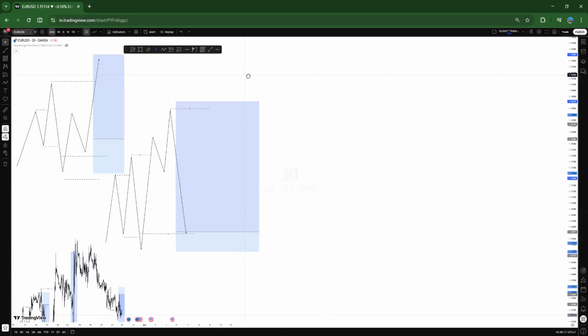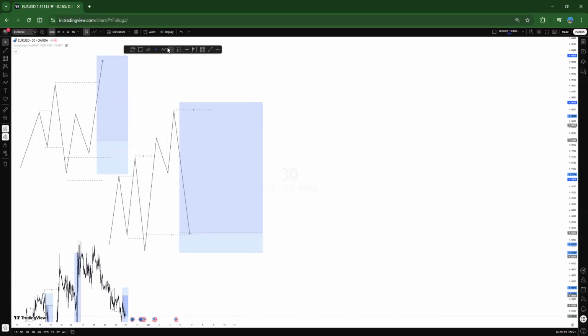I want to make this clear. This is the first scenario. The market might do something like this: price has broken structure, taking out the liquidity, then breaks this internal liquidity as an inducement, pulls back up, fails to take out this high, comes again like this, breaks, then does something again like this.